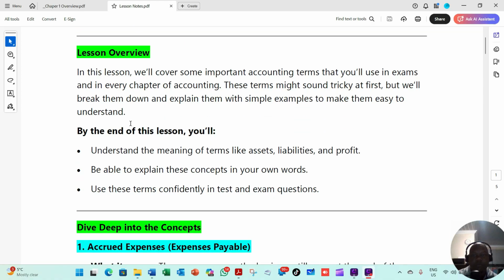And what I want you to learn is that you should not cram these concepts. You should not cram the definitions, because in an exam or test situation, you are not going to be given the exact definition that you've seen in the textbook.